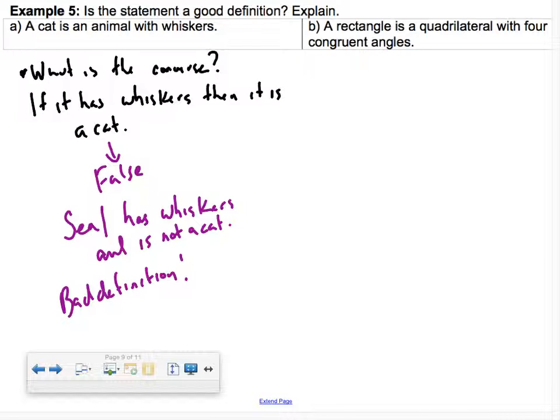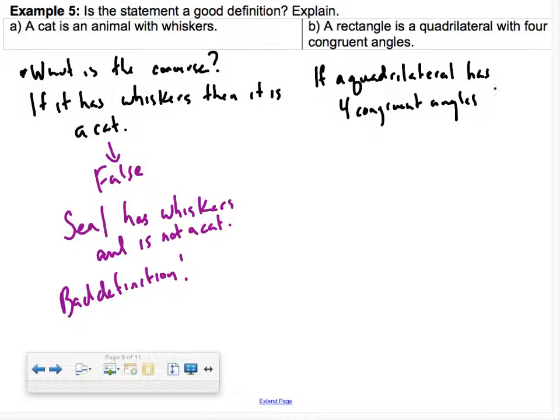The converse of that would be something like: if a quadrilateral has 4 congruent angles, then it is a rectangle. That's the converse. That appears true to me, so this is a good definition.